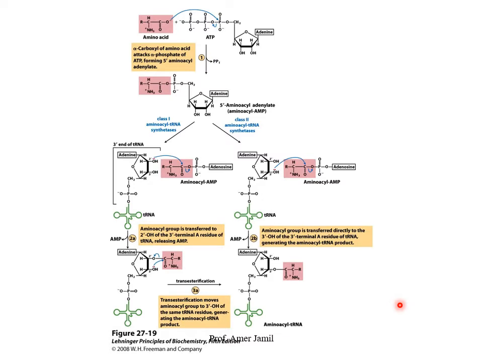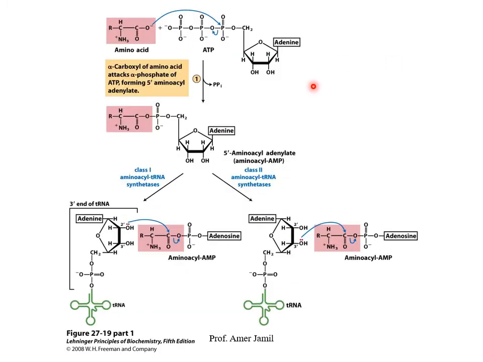This is the overall picture of activation of amino acids, meaning attachment of the amino acid to the transfer RNA. Here it is more clear. First of all, ATP is involved and AMP is attached to this amino acid at the carboxylic group.